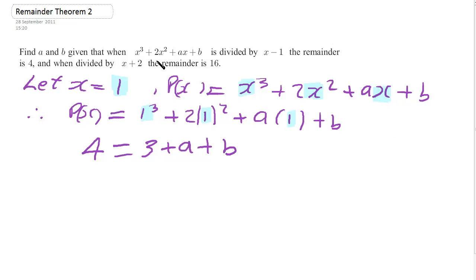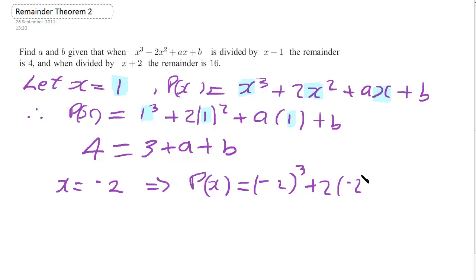Now when I divide by x plus 2, I get a remainder 16. So I'm going to now let x equal minus 2. Now I don't have to write all this out again. So therefore, this implies p of x will equal minus 2 cubed plus 2 times minus 2 squared minus a times 2, or 2a, let's put the 2 in there, plus b.